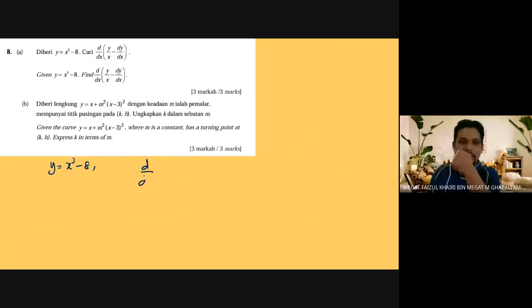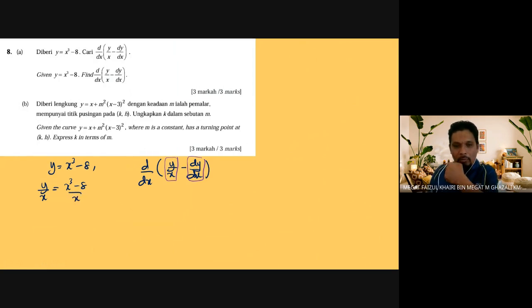Find the derivative with respect to x, which is y divided by x minus dy/dx. Let's first find out what y over x is and what dy/dx is. y over x means x cubed minus 8 divided by x, since y is x cubed minus 8.